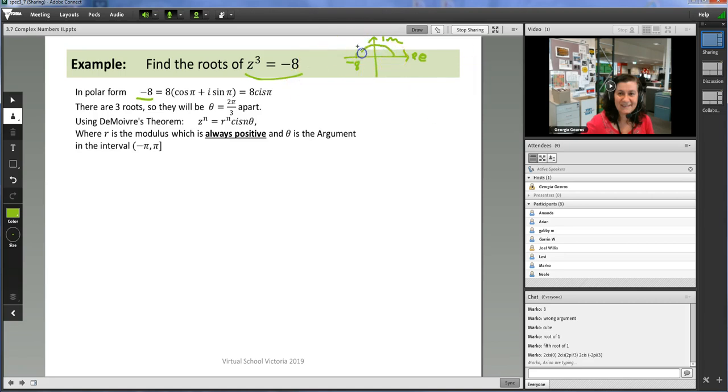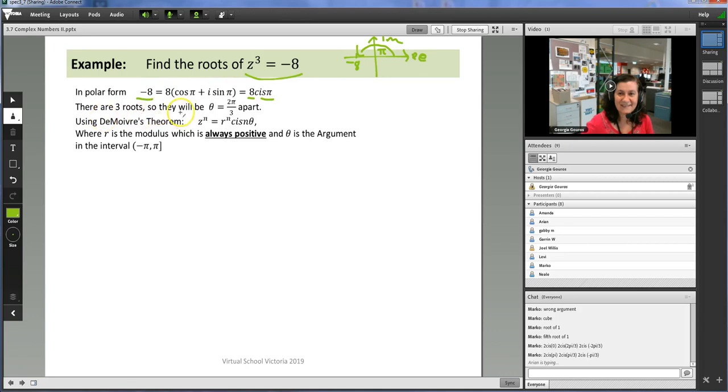That's basically the modulus is 8, but the argument is pi. So that's going to be expressed as 8, positive 8. The modulus is always positive, and the angle informs you which quadrant it's in. Okay, so that's going to be cis of pi.